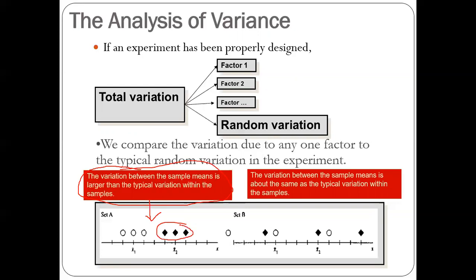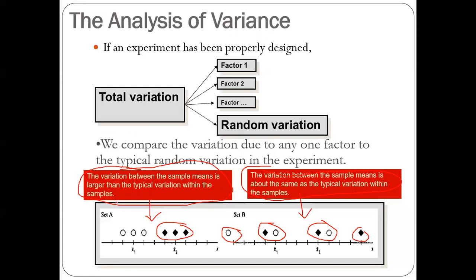But now this is the example to show when the variation between the sample means is about the same as the typical variation within the samples. So it's going to be like this if the sample mean is almost the same as the typical variation within the samples.